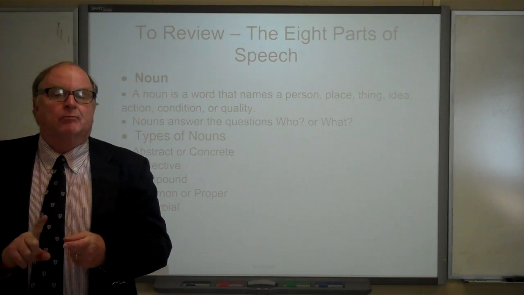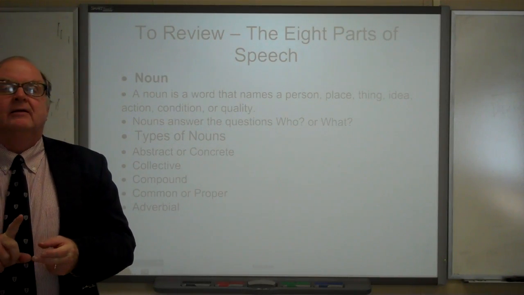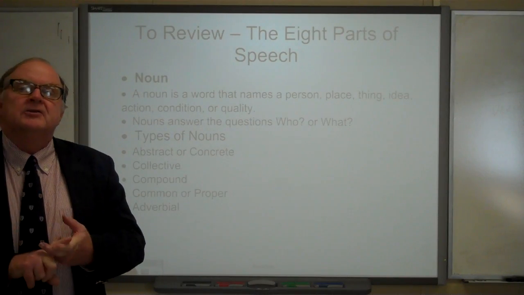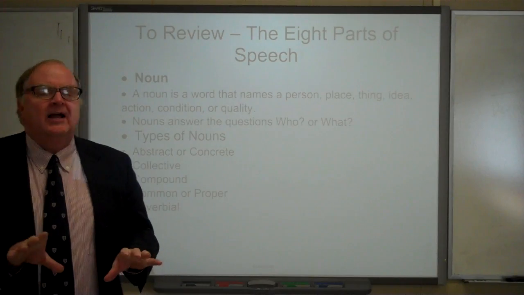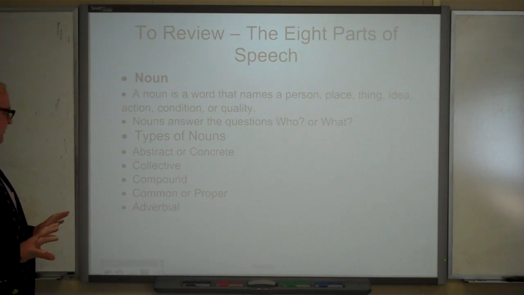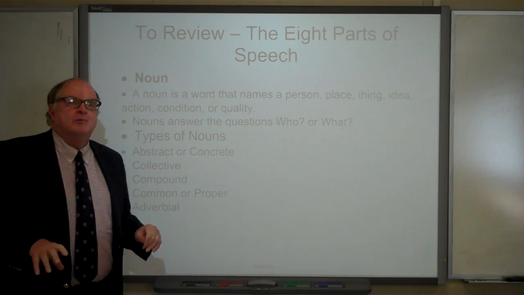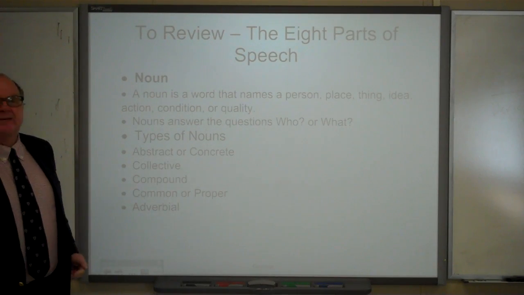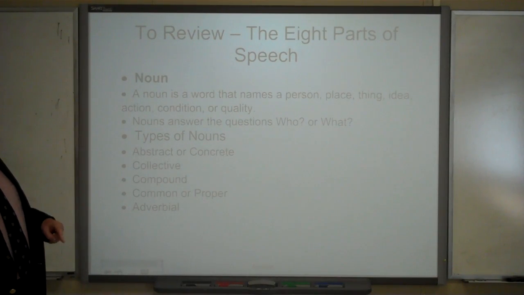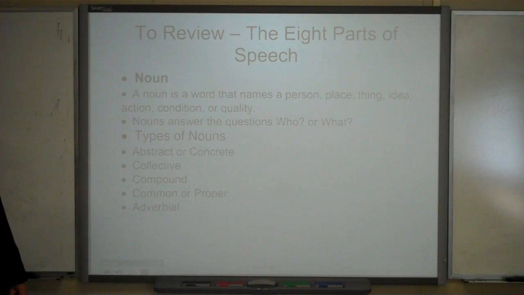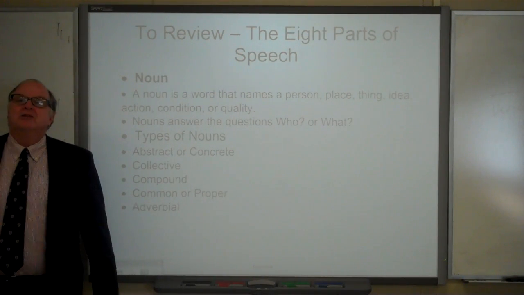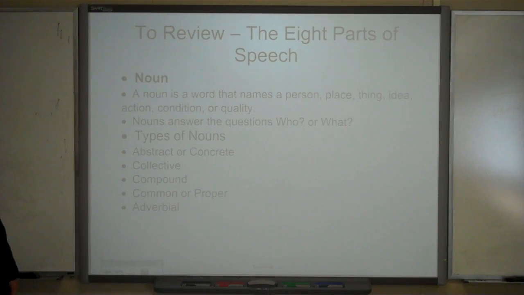Okay, so, taking a look at prepositions, conjunctions, and interjections. Now, I just want to spend the last few minutes of this lecture, if you will, just reviewing the 8 parts of speech. Remember, a noun is a word that names a person, place, thing, idea, action, condition, or quality, and answers the question who or what.